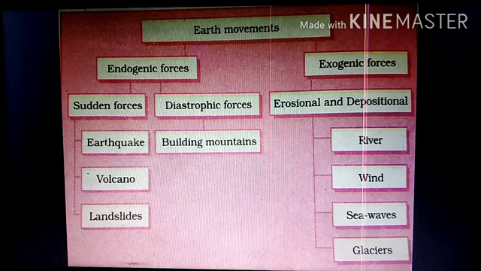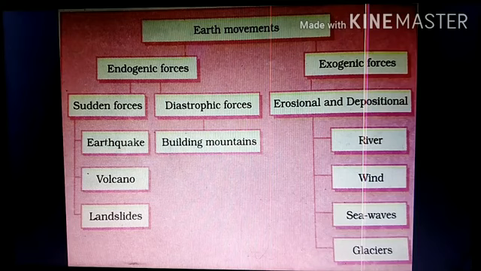Today we discussed about the earth movements. Earth movements are mainly divided into two types: endogenic forces and exogenic forces. The forces which act in the interior of the earth are called endogenic forces. The forces that work on the surface of the earth are called exogenic forces.